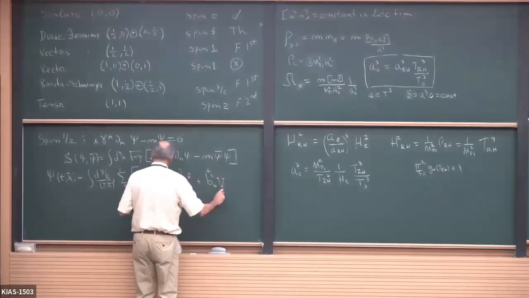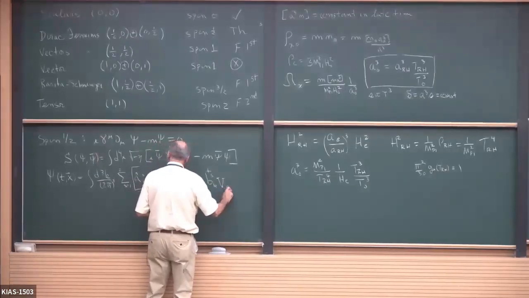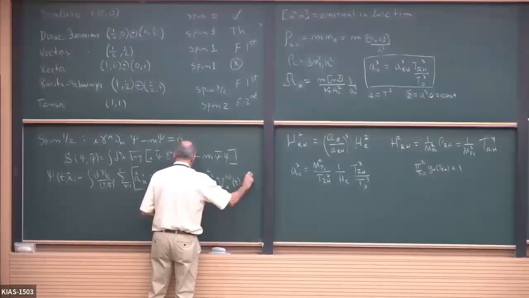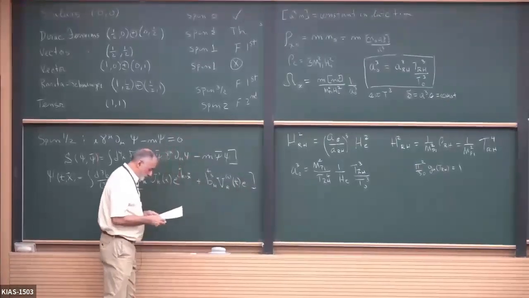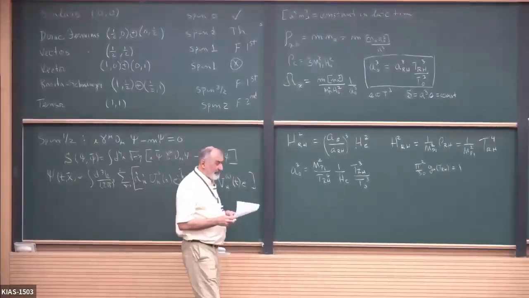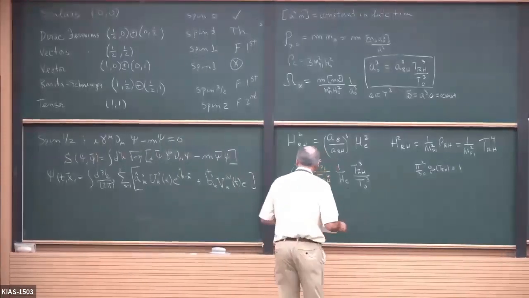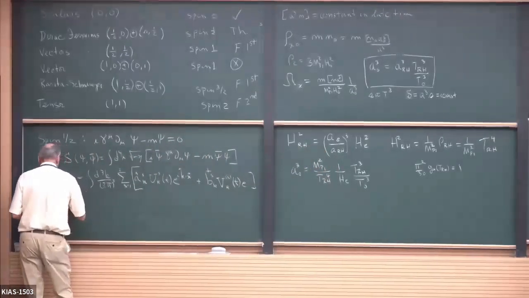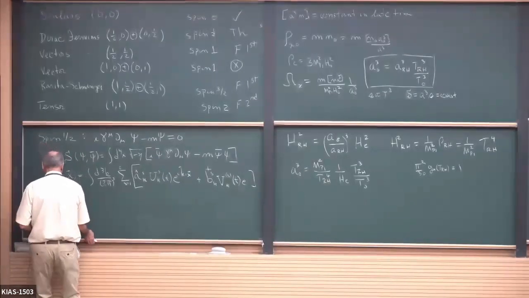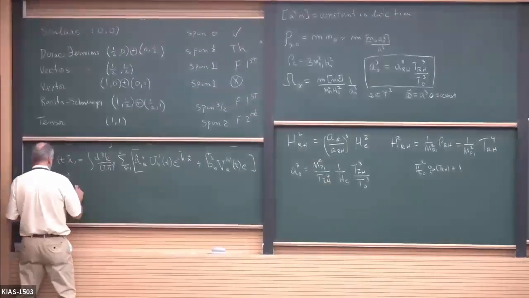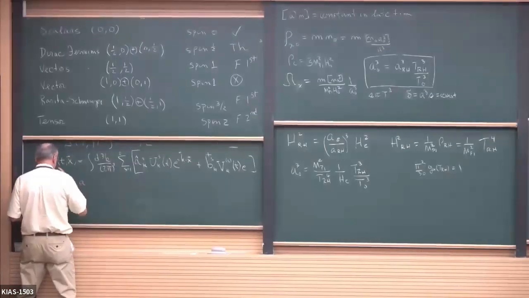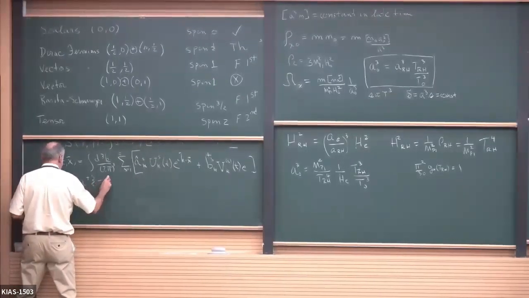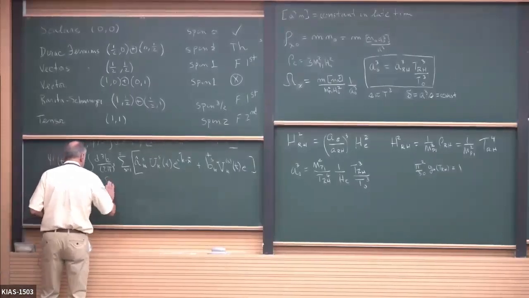So the mode functions U and V and the ladder operators A and B will anti-commute.